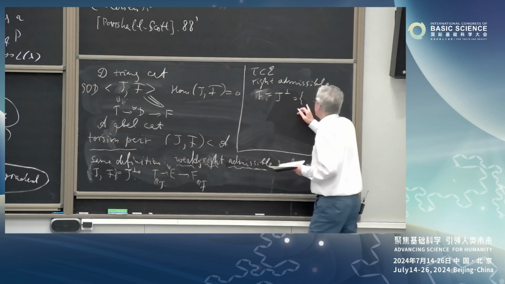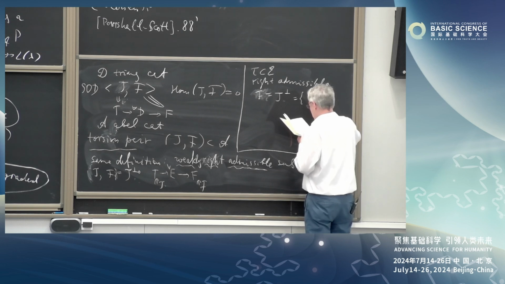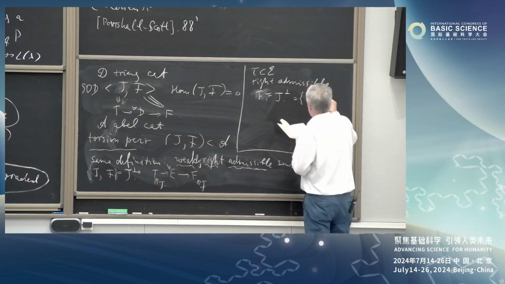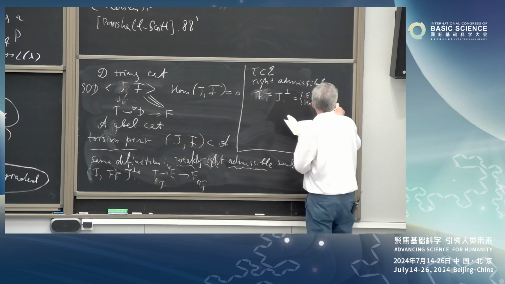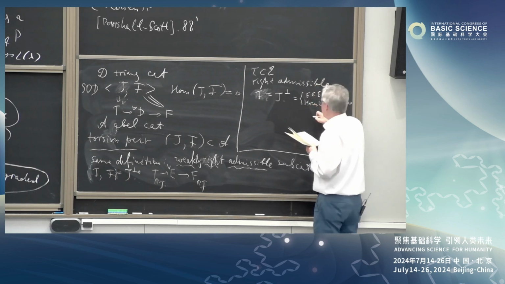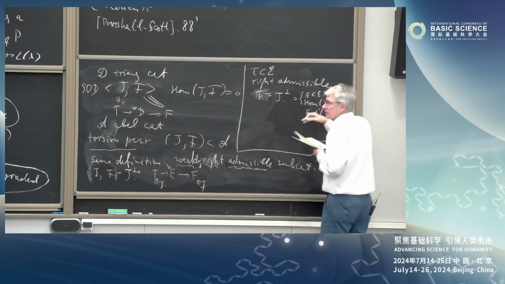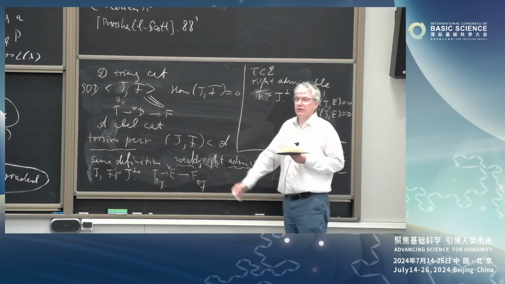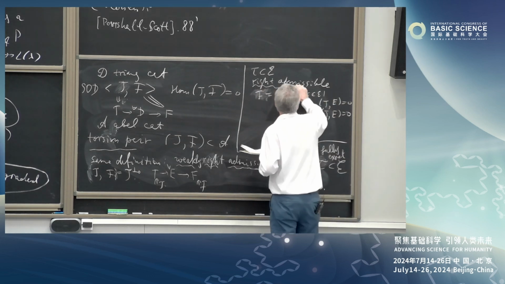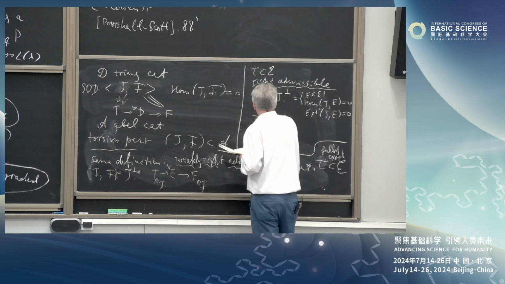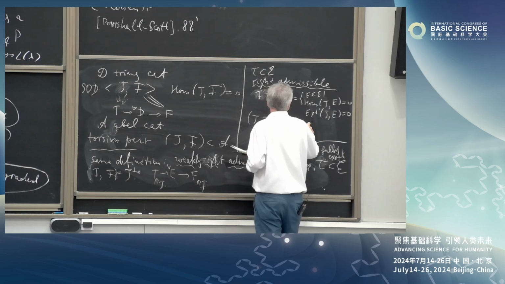And now I define the perpendicular category: its objects are E in the exact category such that Hom from T to E is trivial, meaning from any object of T, and also Ext1 from T to E is trivial. Ext1 is well defined because extensions are these conflations. So for right admissibility, I require T, F to be a torsion pair in that sense. So it's a stronger condition.